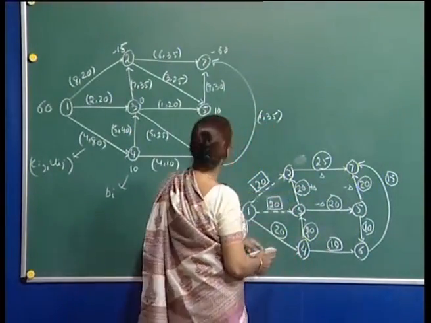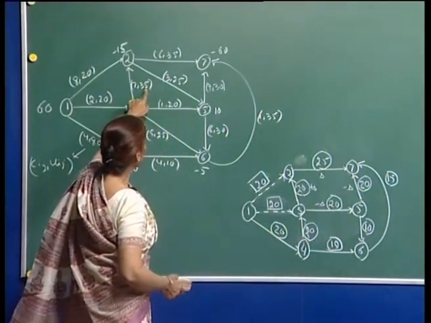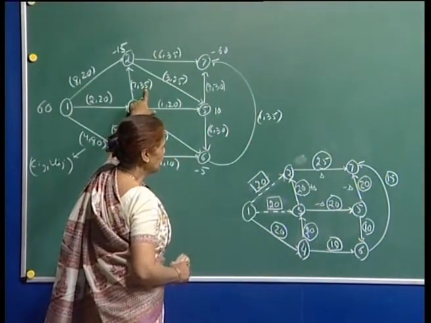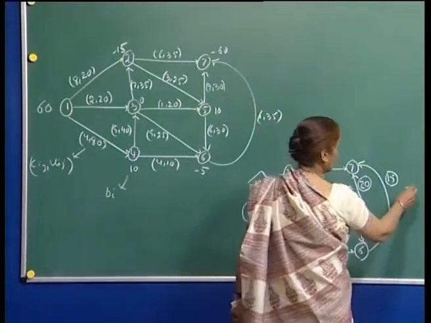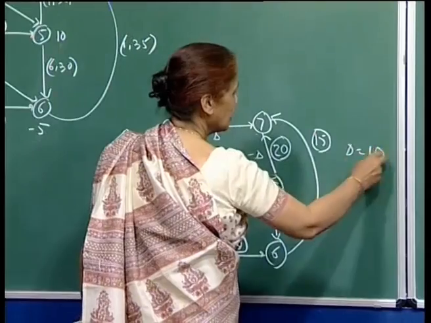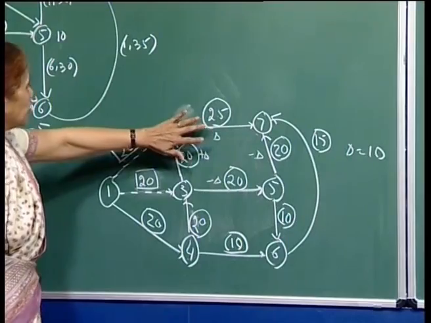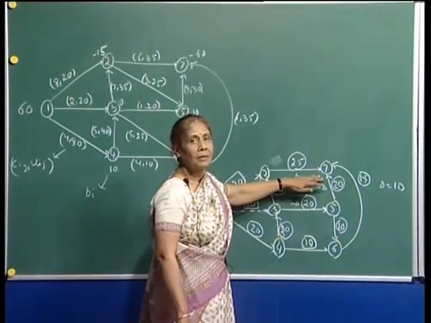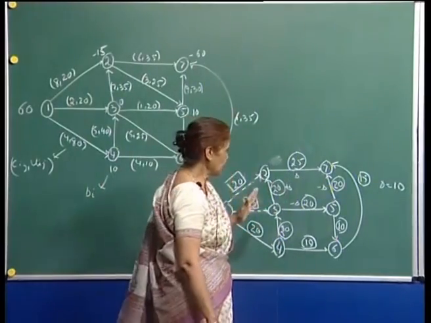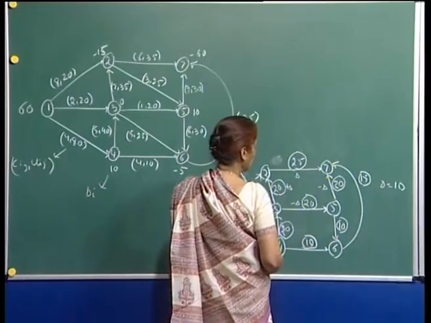And so the flow here will become, oh, but I cannot choose delta to be 20 because this is 35. So only 15, and here this is 10. So I can choose delta to be 10 only. So that means, once I choose delta to be 10, then this arc will reach its upper bound, and I can then call it a non-basic arc, because I am searching for 6 basic arcs which can form my basic feasible solution.